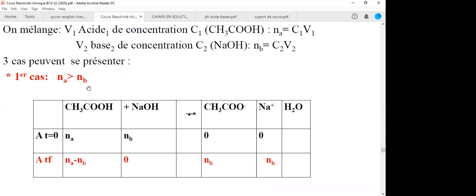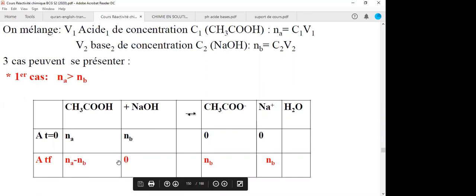So if we've got 2 moles of the base, it will react with 2 moles of the acid. To find the number of moles of the acid that remained, we will say number of moles of that acid minus 2. At the initial state, we don't have the products.